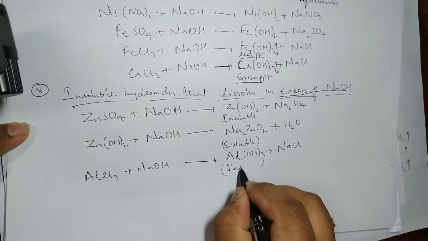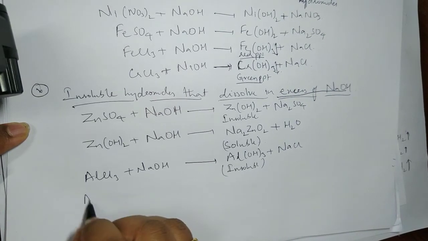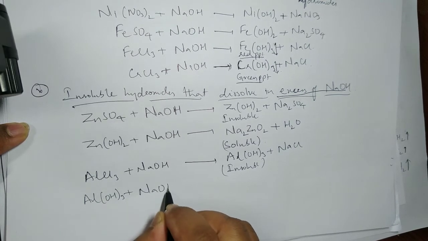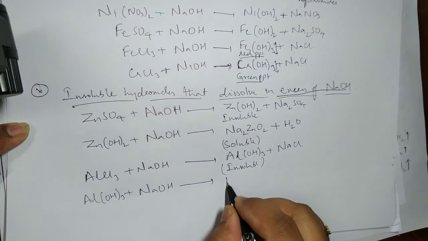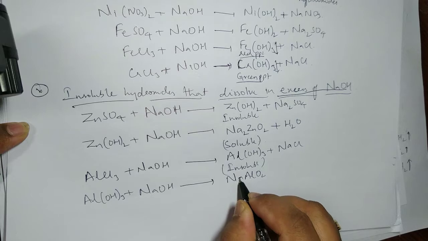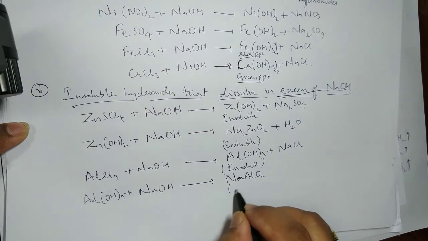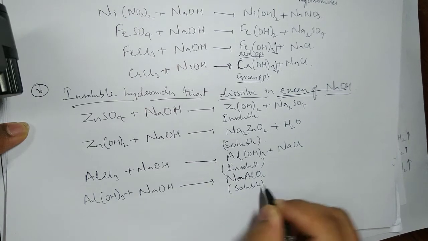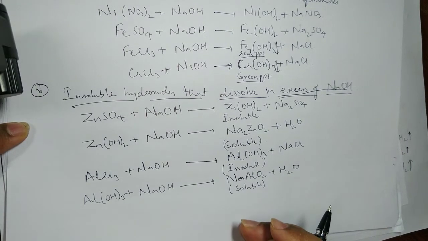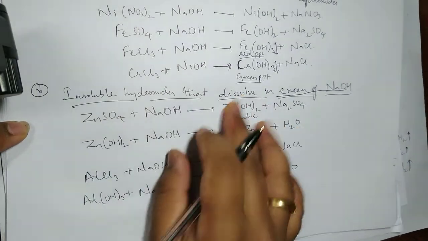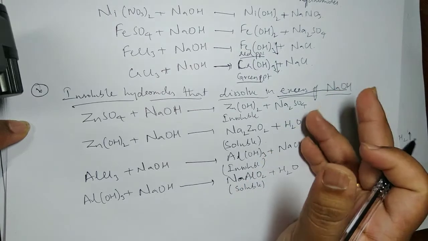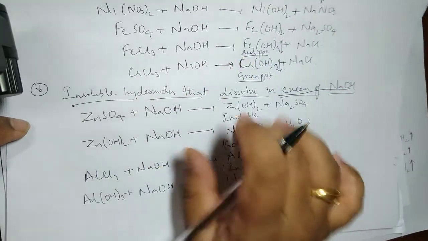This is insoluble, but when I treat the aluminum hydroxide Al(OH)3 with excess of NaOH, it forms sodium meta aluminate, NaAlO2, and this is soluble in water. Same with tin also. So these are insoluble, but in excess of NaOH they get dissolved. That's the only difference between these two.